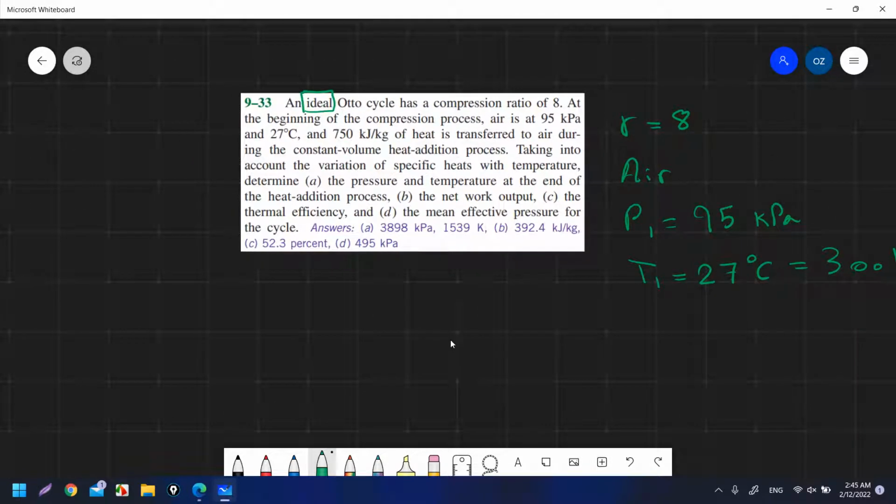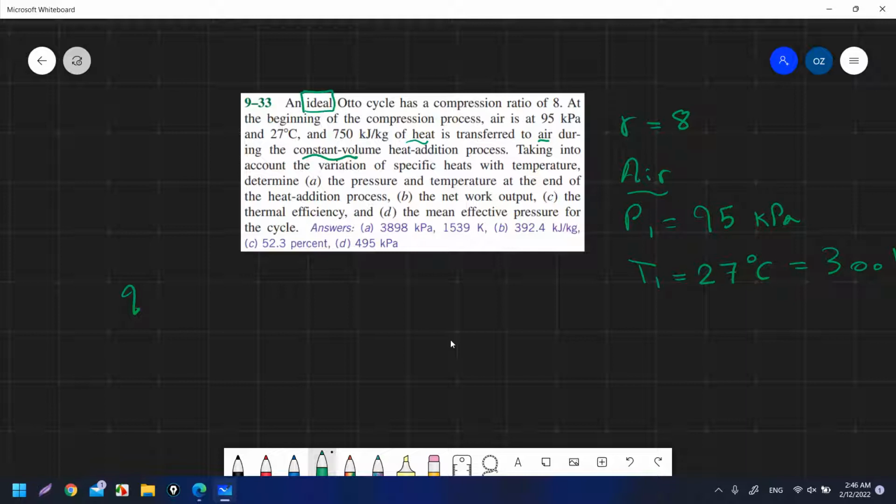And 750 kilojoules per kilogram of heat is transferred to air. When we see kilojoules per kilogram, it means per unit mass, so it is a small q. We already know it's air during the constant volume heat addition process. Constant volume, the volume is constant.